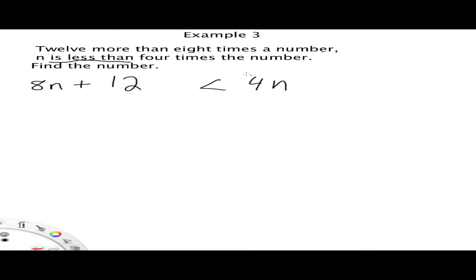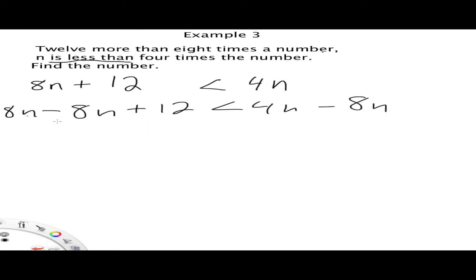And that's it. Okay, so now we want to find out what n is, and we've got to do our manipulation to figure that out. So first we'll subtract 8n from both sides. We get 8n minus 8n is just 0, so 12 is less than 4n minus 8n, which is negative 4n.